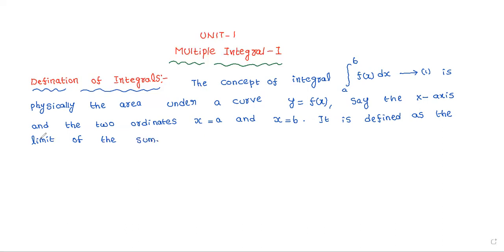So for example, this is the x-axis, this is the y-axis. So x equal to a, the line is parallel to the y-axis. X equal to b, the line is parallel to the y-axis.